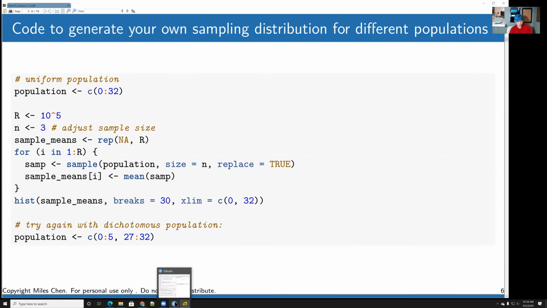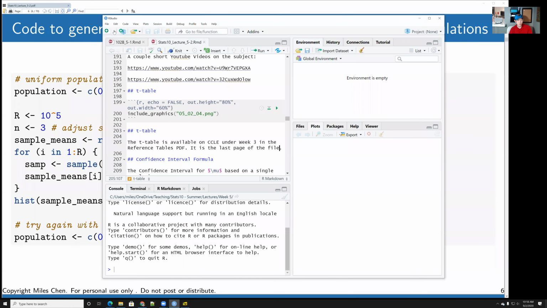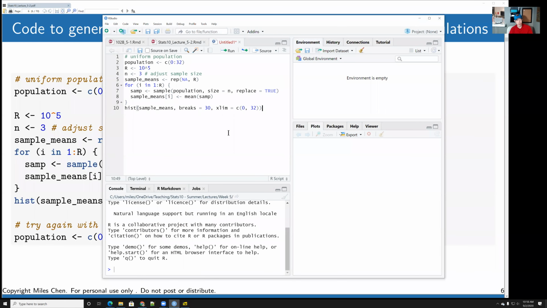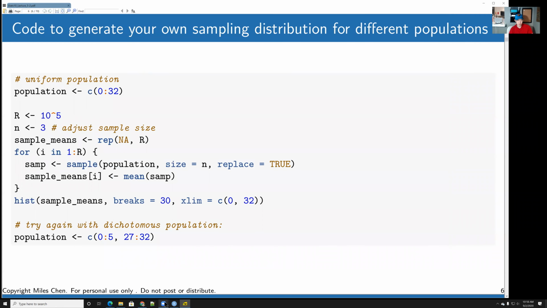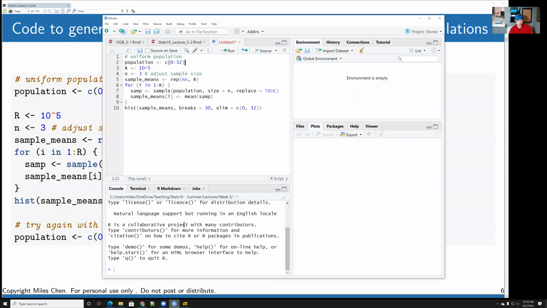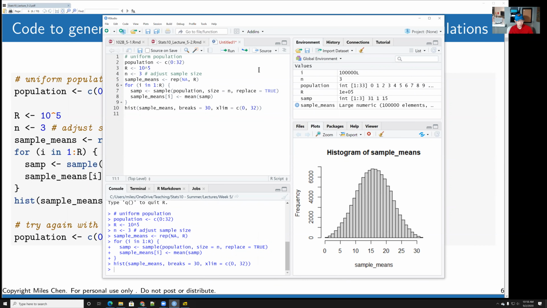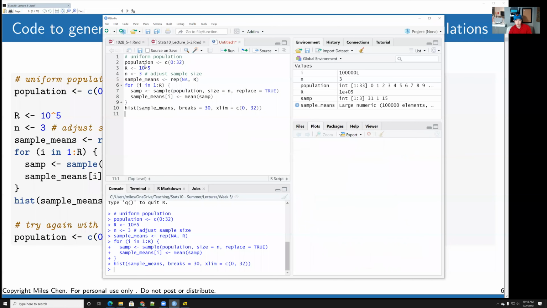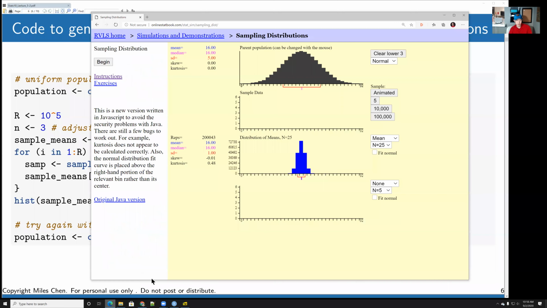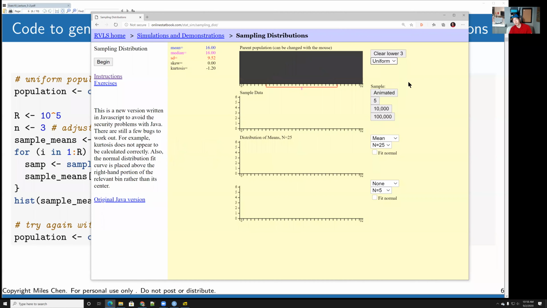I'm going to use R. So let me clear this out. The idea here is you can actually change the population from a normal distribution to, say, a uniform distribution, okay?